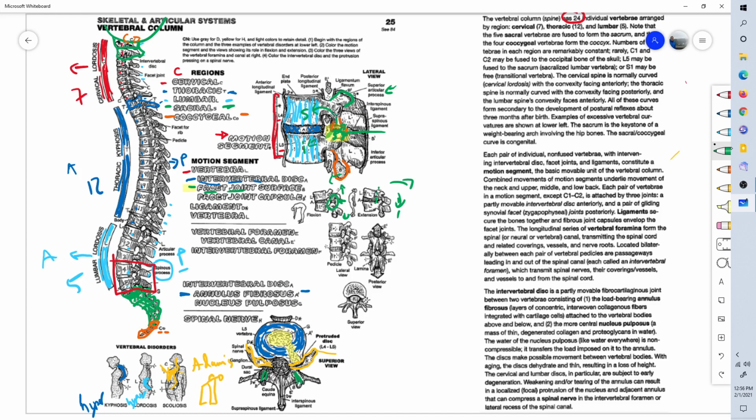And they meet and they form a wonderful little synovial joint that allows our spine to move in flexion and extension mostly. And rotation and lateral flexion. Different areas of the spine have different movement characteristics.